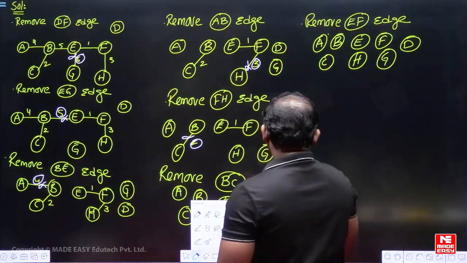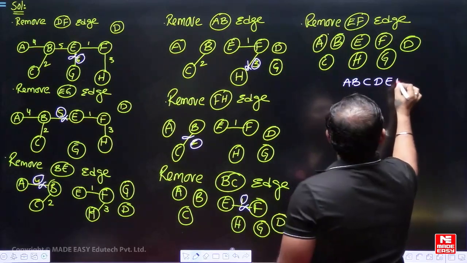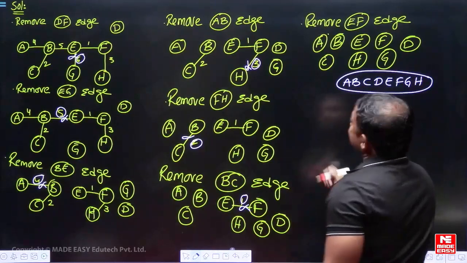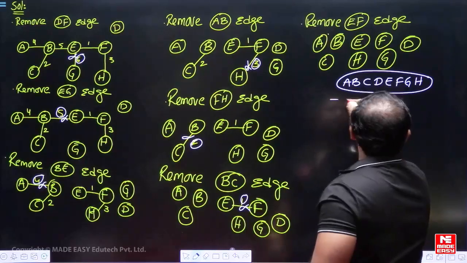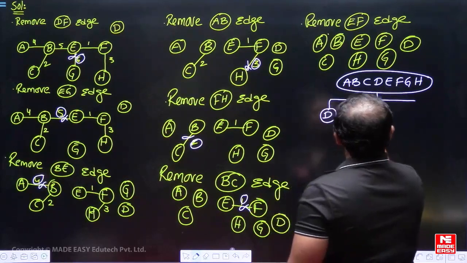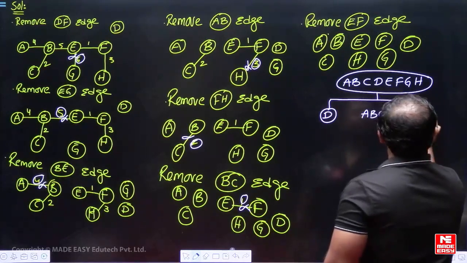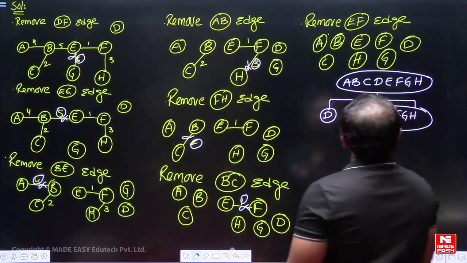So here the diagram is A, B, C, D, E, F, G, H. This is the major cluster. So now initially this is splitting like this. Splitting into D, and after that A, B, C, E, F, G, H. This is the first splitting.